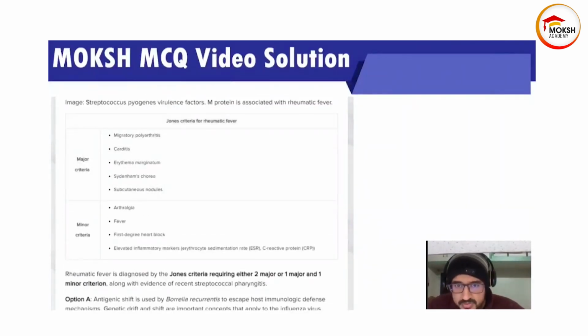The thing you should know is the Jones criteria of rheumatic fever, which has major criteria and minor criteria. The major criteria are migratory polyarthritis, carditis, erythema marginatum, Sydenham's chorea, and subcutaneous nodules, which you can remember as J, heart, nodules.